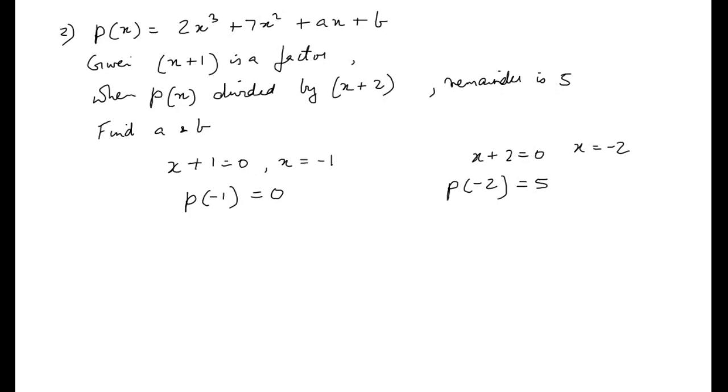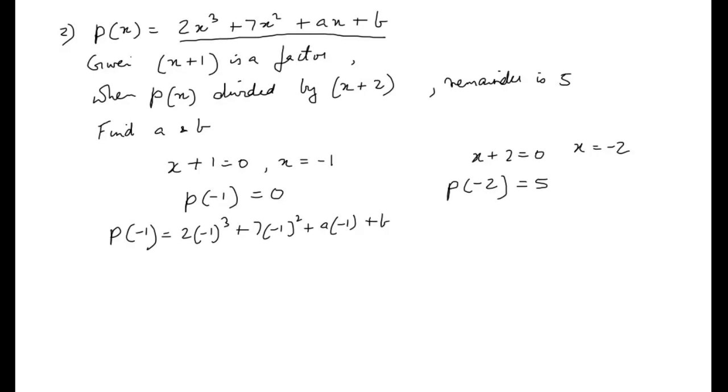Right, so P of minus 1, using the function given to us, 2 into minus 1 cubed plus 7 into minus 1 squared plus a into minus 1 plus b.